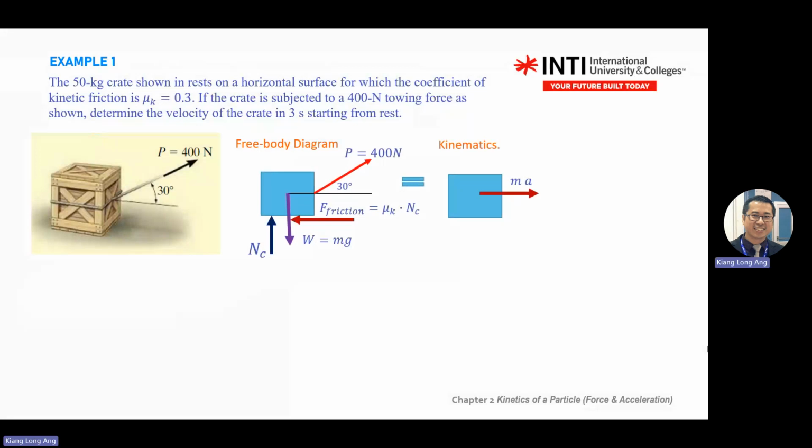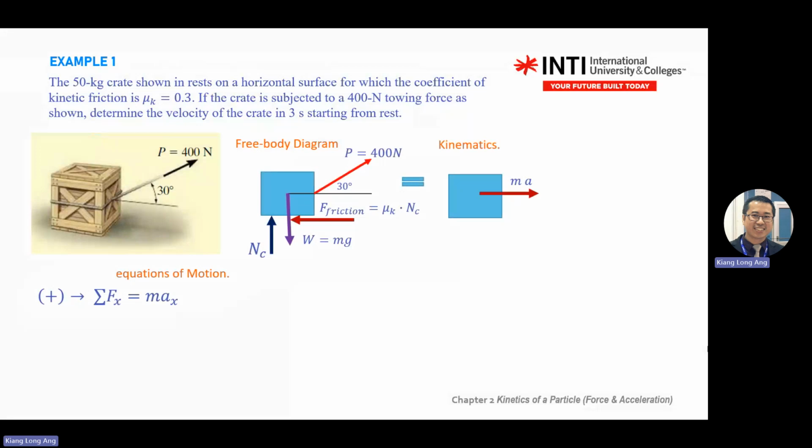you group them into X direction and Y direction. For the equation of motion, you look in the X direction and Y direction. All the force in X equals m ax.